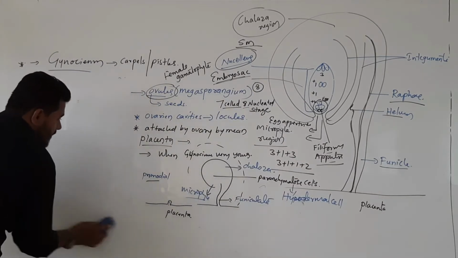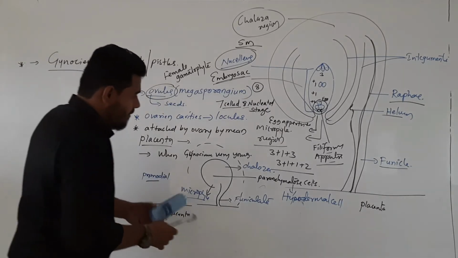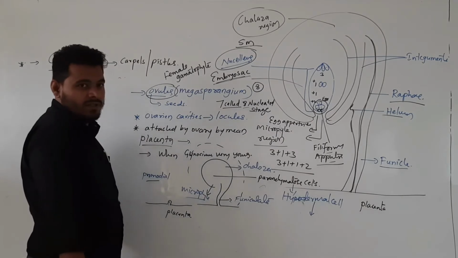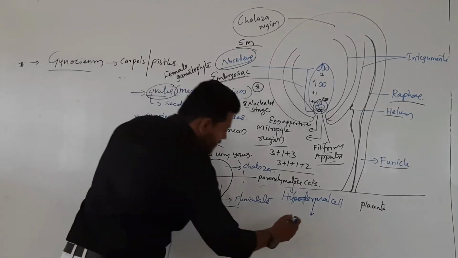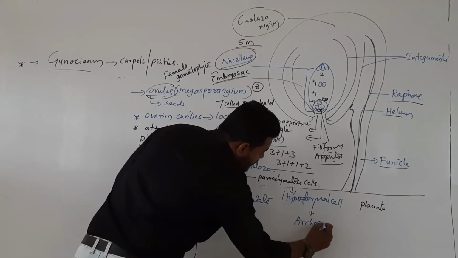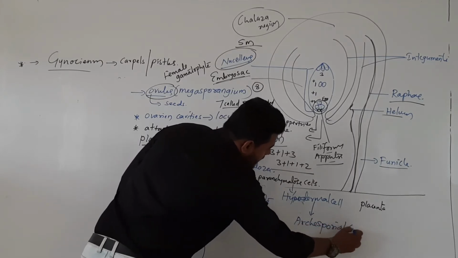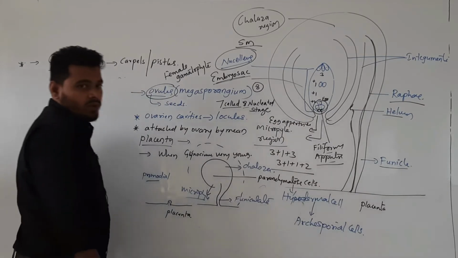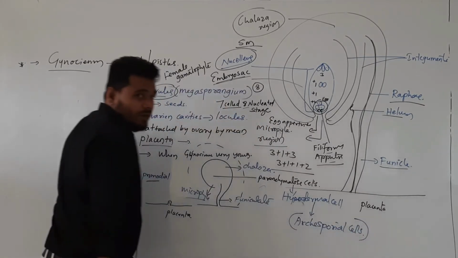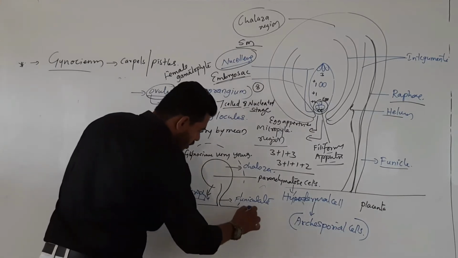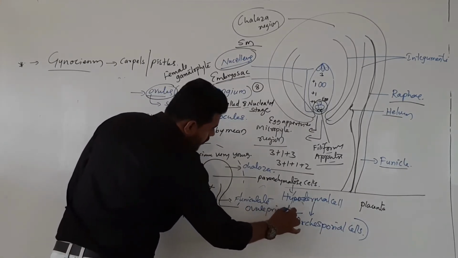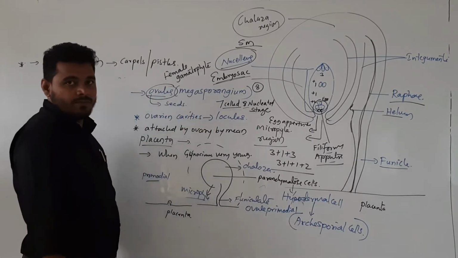I will explain the process first, then I will draw the diagram. Later on, these hypodermal cells develop into archesporial cells. These archesporial cells are surrounded by the remaining cells called ovule primordial cells.